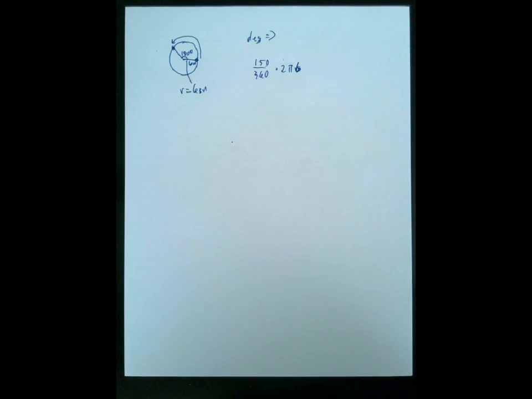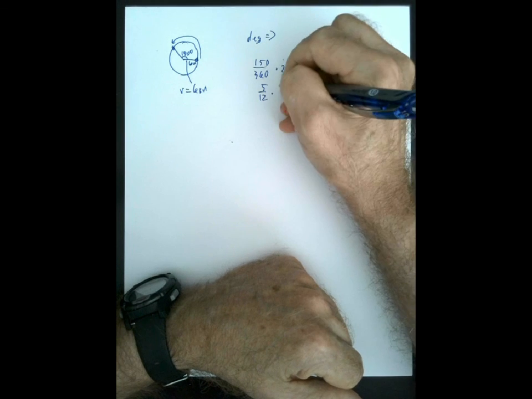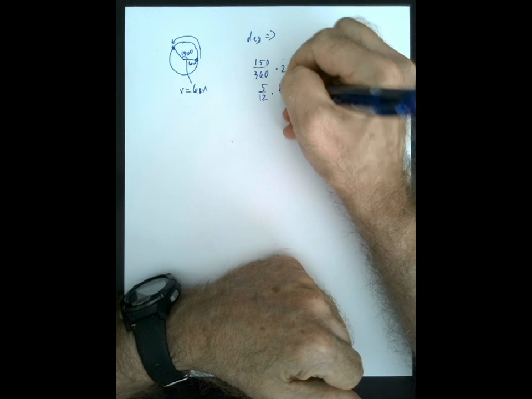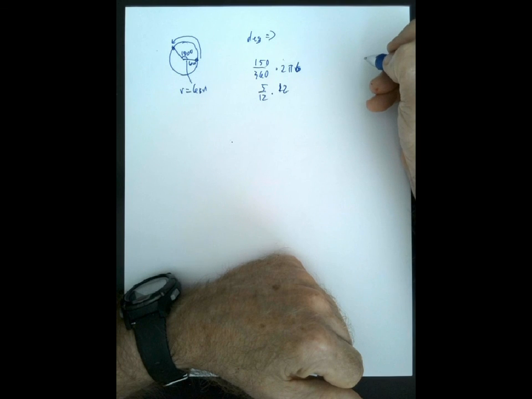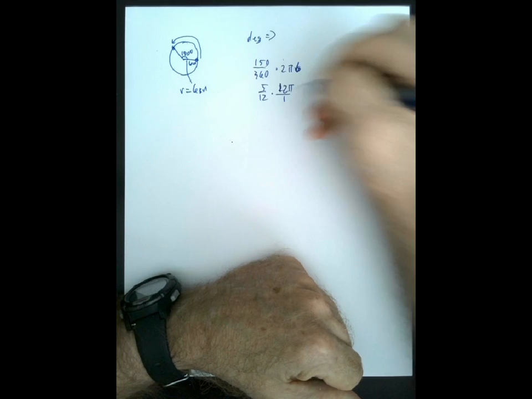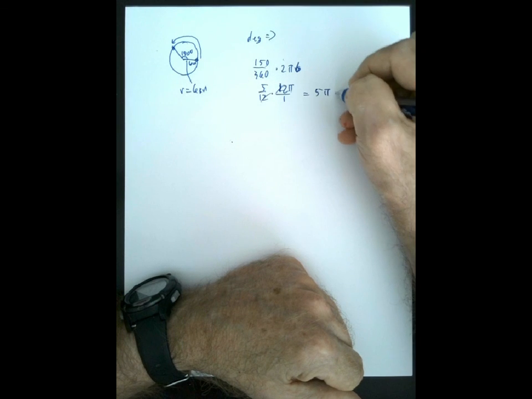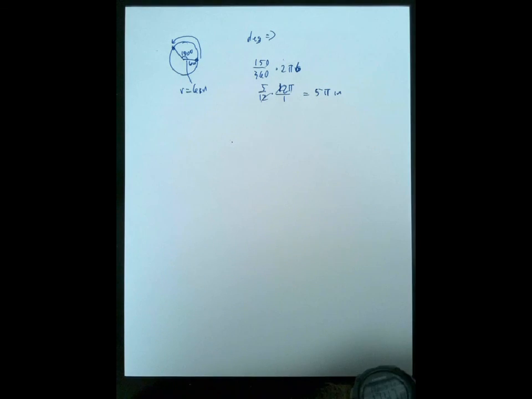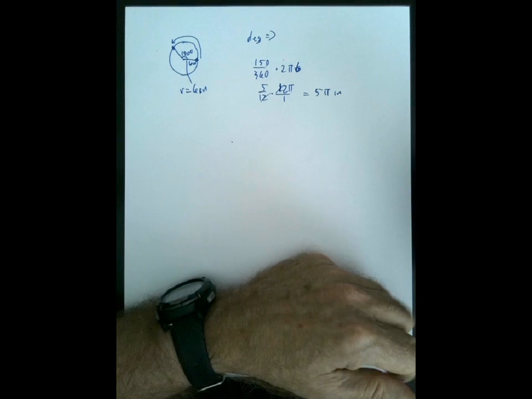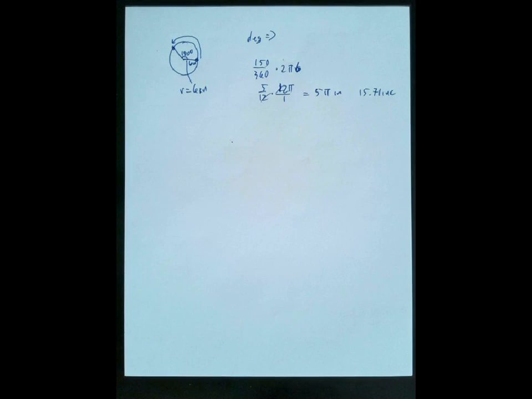That angle reduces, as it happens, to 5 over 12 times 12 pi. The 12s cancel out, and we get 5 pi inches. If we multiply that out, we get about 15.71 inches. That's how far that would be.